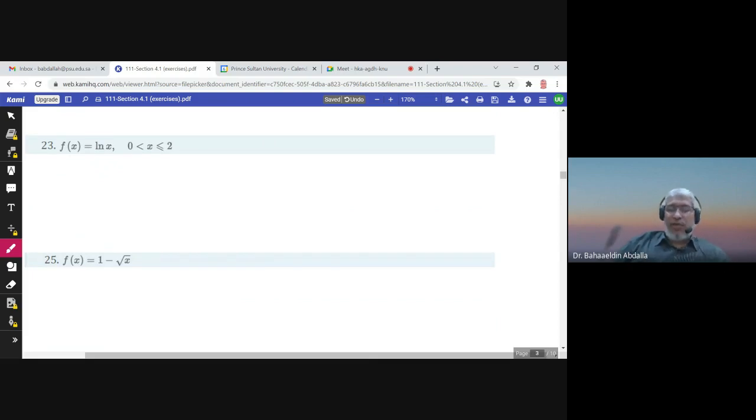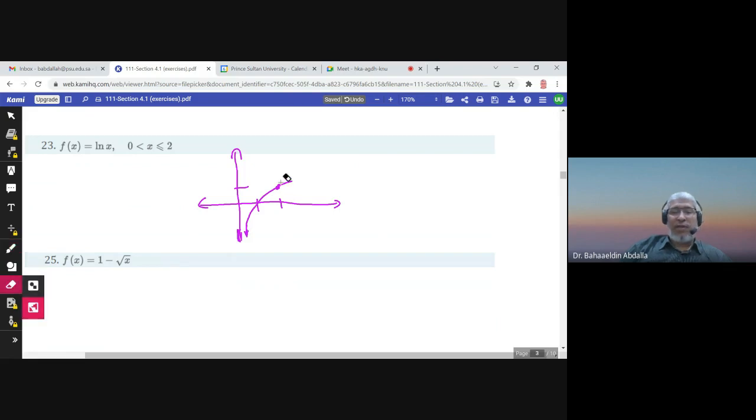Ln x, we know the graph of ln x, but we need the graph from 0 to 2. Well, at 0, ln is not defined, and at 2, it would be ln 2, and this up to here. This is the graph of ln x up to 2.